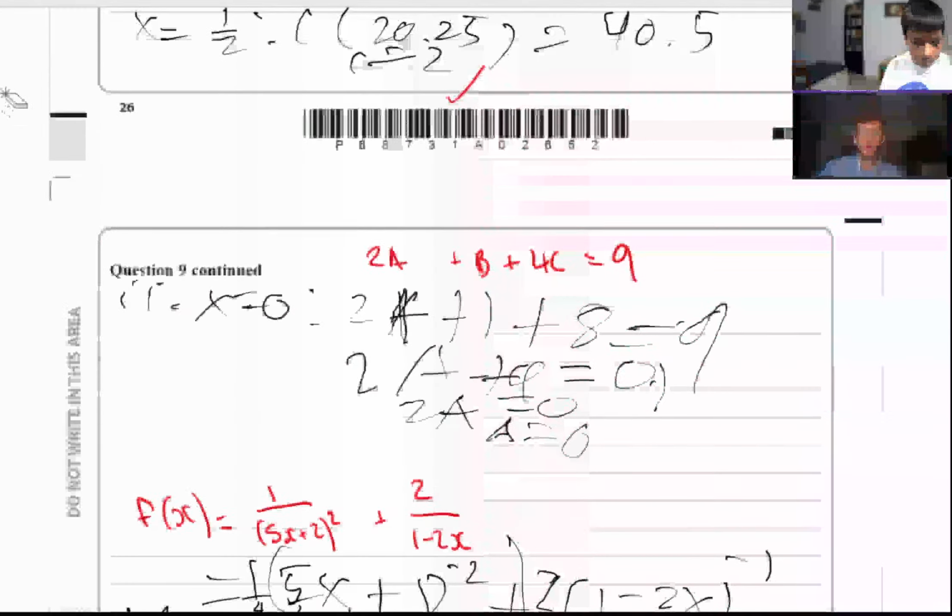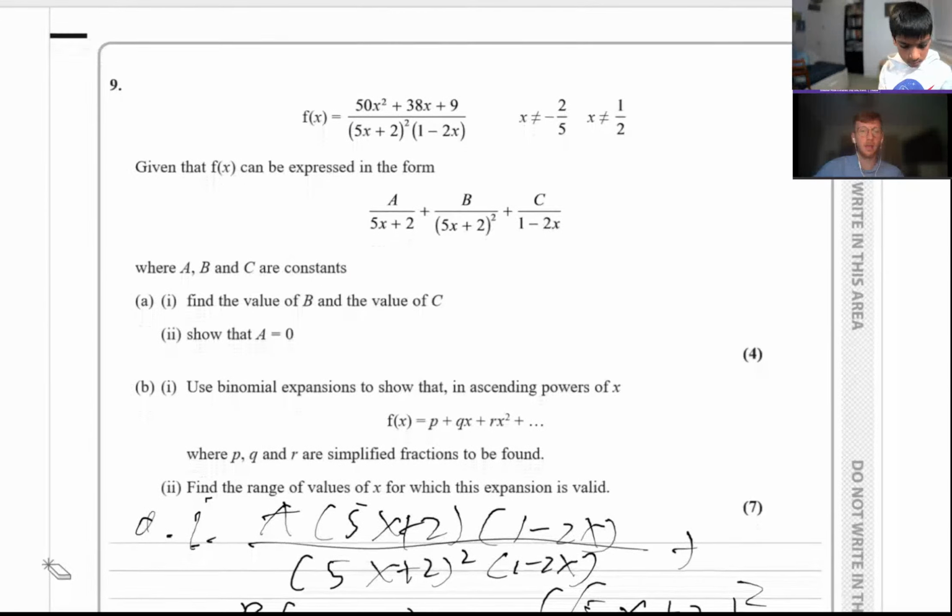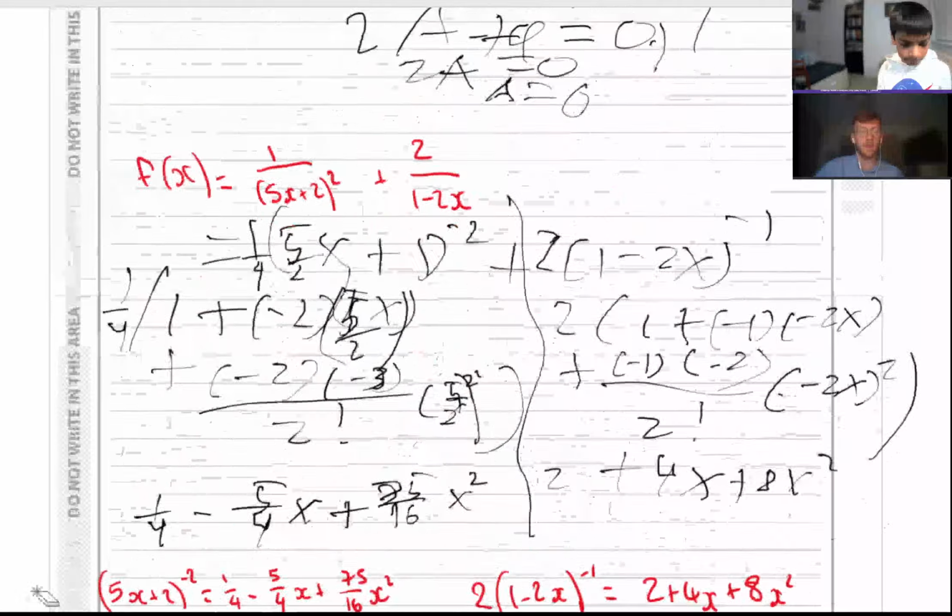Okay. So then the next part says find the range of values for x for which this expansion is valid.